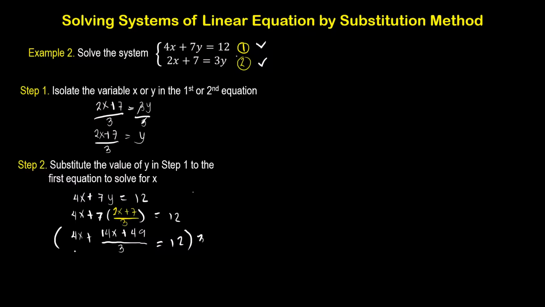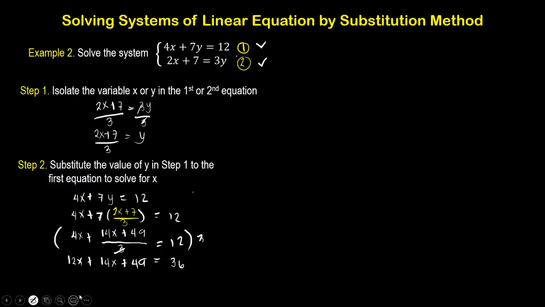So, 3 times 4x, this is equal to 12x. Then plus, of course, if we are going to multiply 3 in this fraction, the 3 is cancelled. So, ang matira na lang is yung nasa taas or the numerator, which is 14x plus 49. And this is equal to, of course, 12 times 3 is equal to 36.